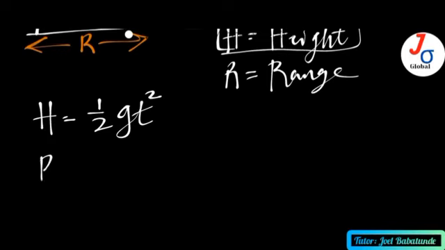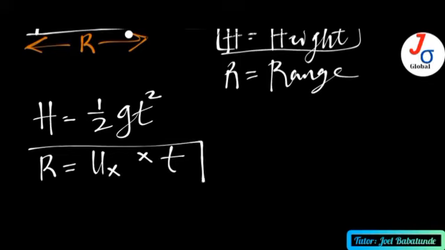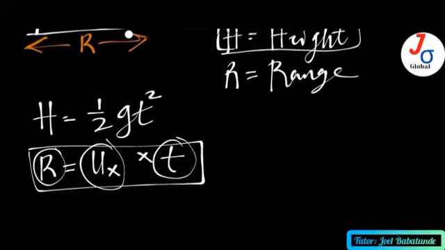The range is actually the horizontal velocity, UX, multiplied by T, the time of flight. And that is gotten from the formula. Remember that R is horizontal distance, UX is speed, and T is time.